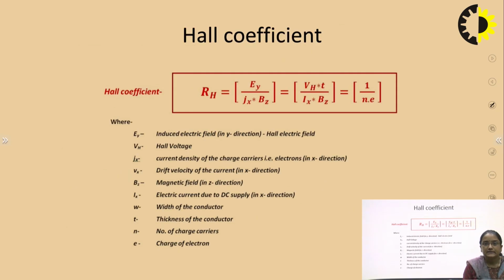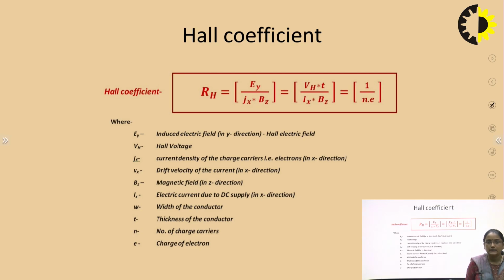The next parameter that we can easily calculate by using this Hall effect is the Hall coefficient. So the Hall coefficient is obtained in terms of the electric field intensity that is induced across your semiconductor bar, and the final expression of that Hall coefficient is RH equal to 1 by NQ, or we can say NE.